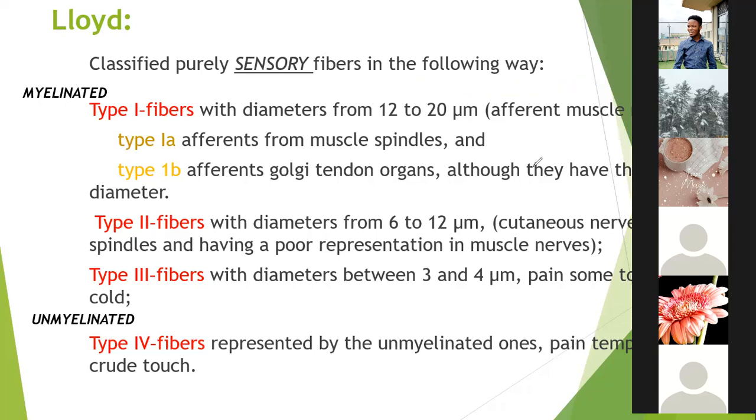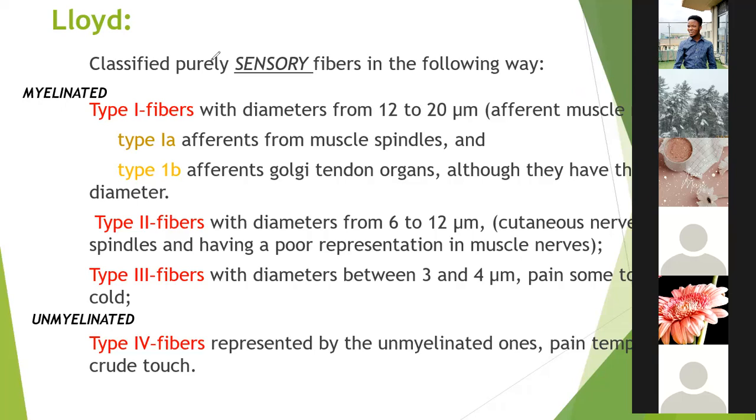So let us look at type 1 fibers. According to Lloyd, number one, what he looked at is the kind of sensation that these fibers are detecting. Number two, he looked at the diameter of the fibers. And number three, he checked whether they are myelinated or non-myelinated, and he classified them according to that.